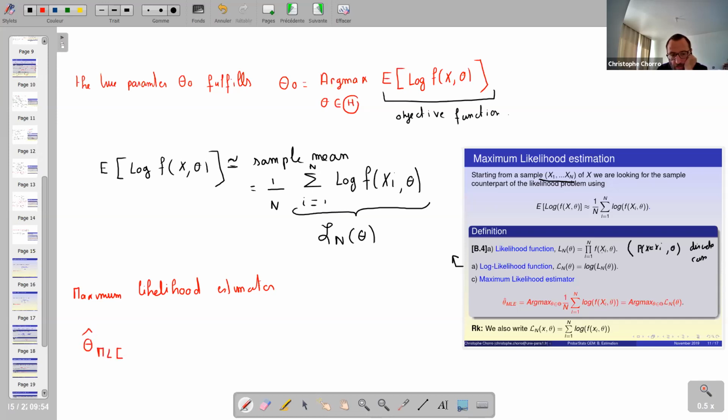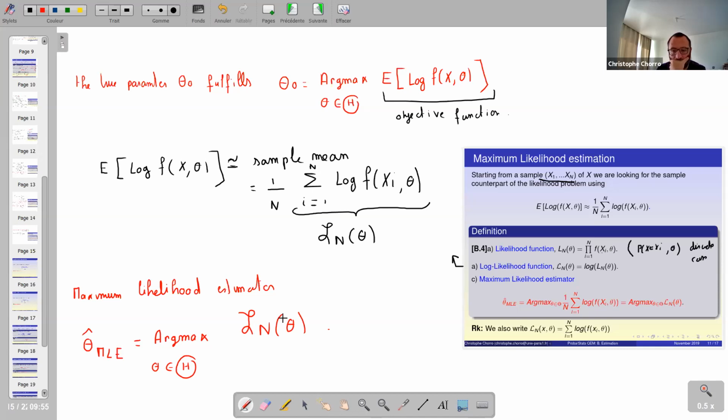The maximum likelihood estimator will be the one that maximizes this quantity. But since this one is a constant, it is sufficient to maximize this one. So it's the argmax over theta belonging to the set of parameters of the log likelihood based on my capital N observations.